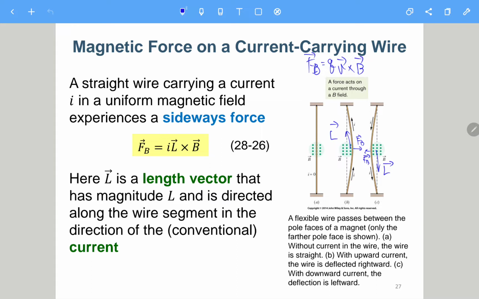You can simply imagine we have Q, and then V cross B. V is dl dt, the derivative of the displacement with respect to time. So you can regard it as dl dt times B.